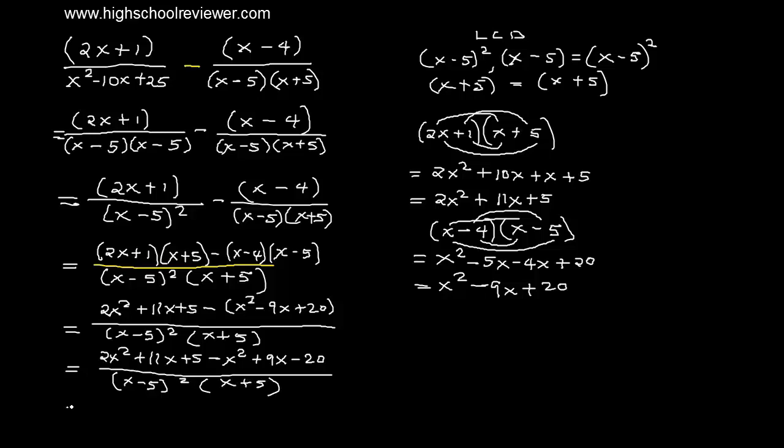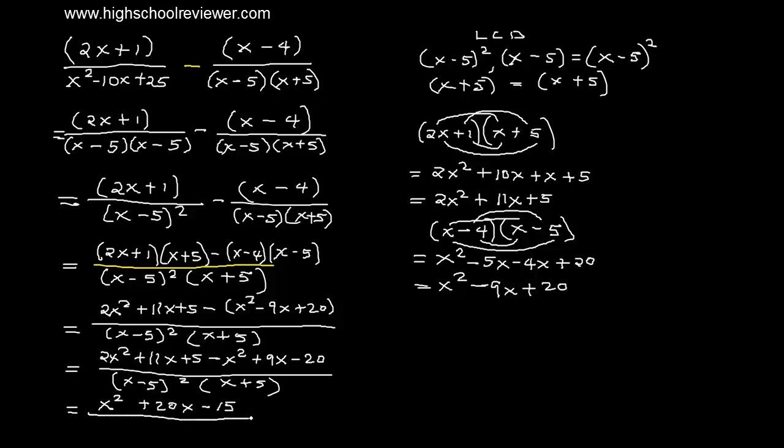Okay, so we will combine here like terms. 2x squared minus x squared, this will give us x squared. 11x plus 9x, this will give us positive 20x. And then positive 5 minus 20, this will give us negative 15.